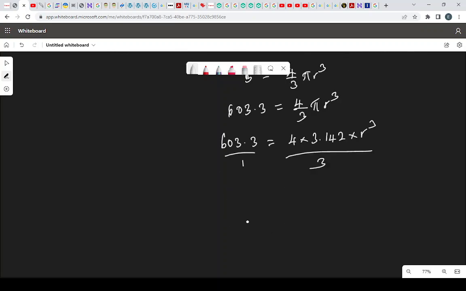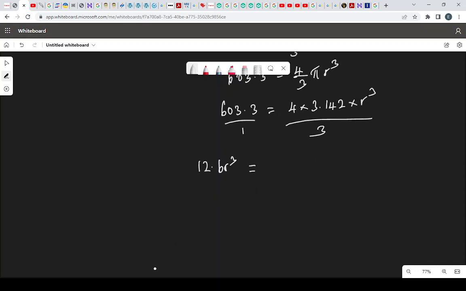This is over 1. When I cross multiply, I have 4 times 3.142, which is approximately 12.6, times r cubed, that is 12.6 r cubed. I cross multiply this, and then 603.3 multiplied by 3.